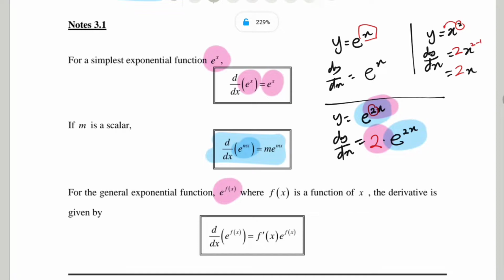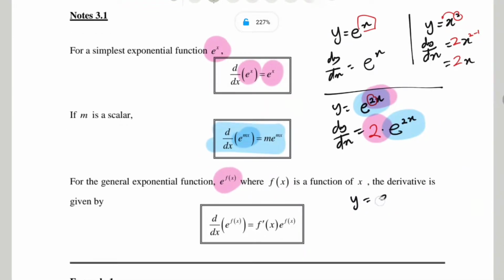Next, if the power of e is not just x, for example, e to the power of x squared. Now, it's not just e to the power of x, but it's e to the power of x squared. How do we differentiate this? Just follow the same steps. First step is just to copy the exponential function with the power exactly as it is. After that, don't forget to differentiate the power and put it in front.